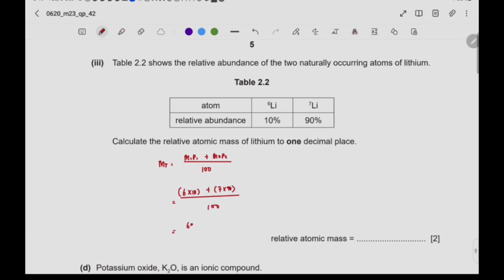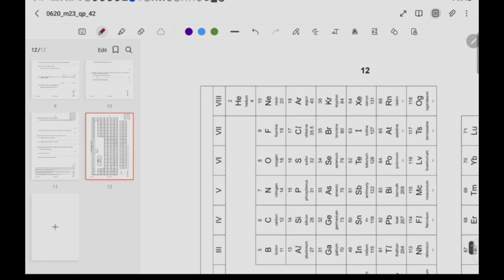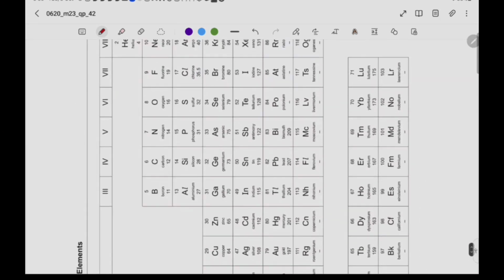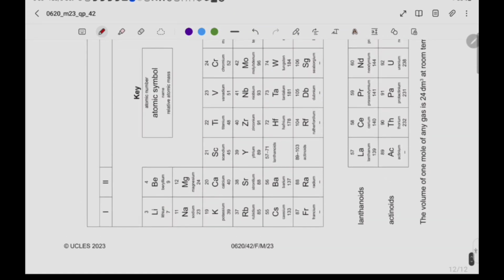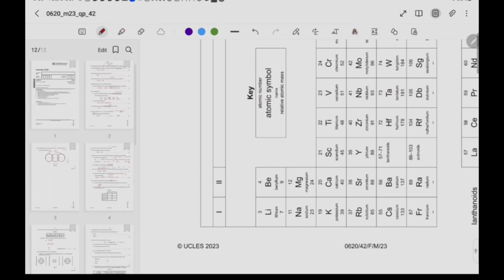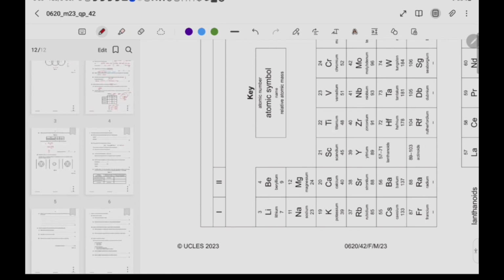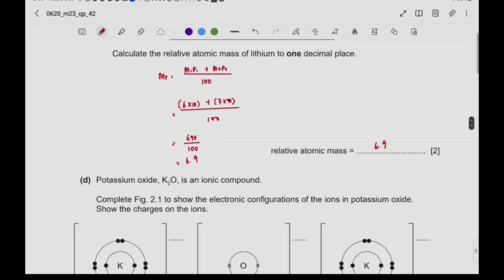So it's 690 divided by 100, so you should get 6.9. So the answer is 6.9. If you are not sure, you go and check your periodic table. Our periodic table always gives you whole numbers except for chlorine. But you can see it's 7, because 6.9 is very close to 7. So this is how they get the relative atomic mass.